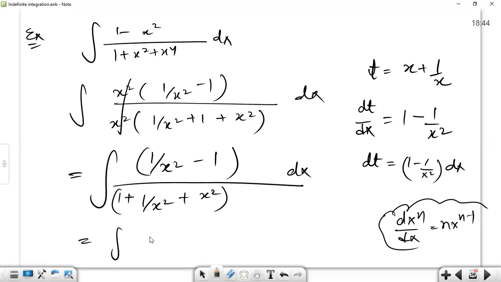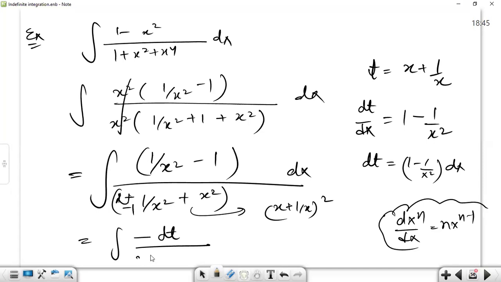So the numerator has become simply minus of dt. Here, in the denominator, x plus 1 by x whole square, if you open it up, will become x² plus 1 by x² plus 2 times the product. So let's make here 2 and subtract 1.